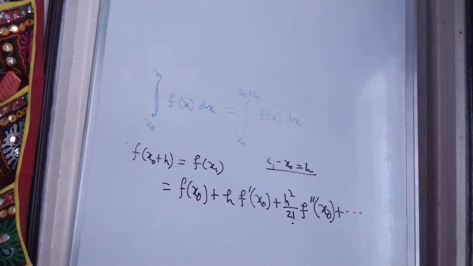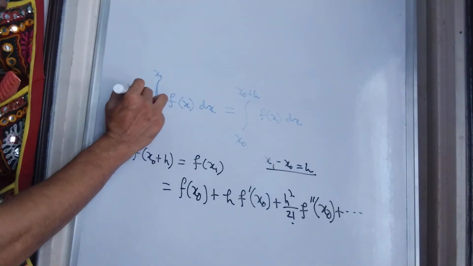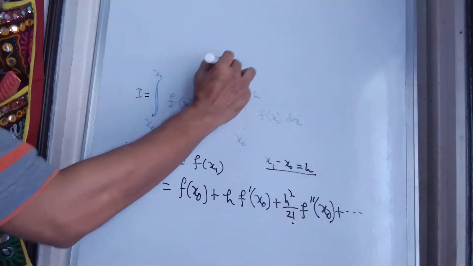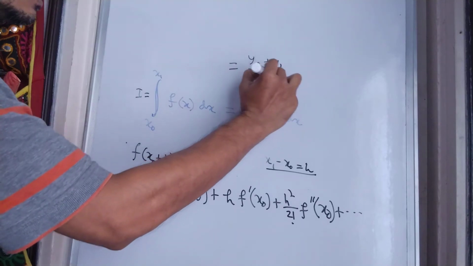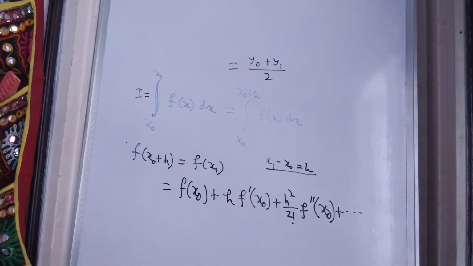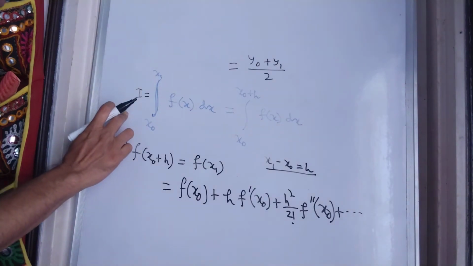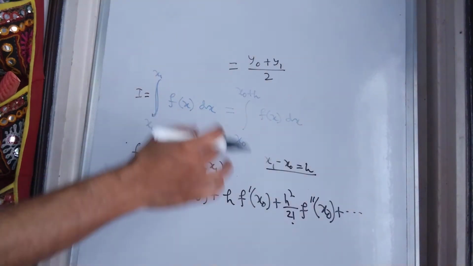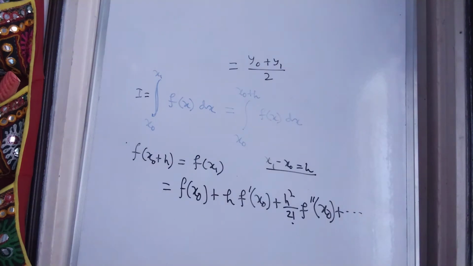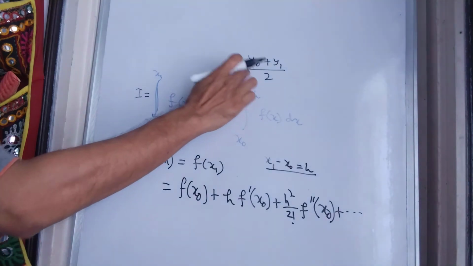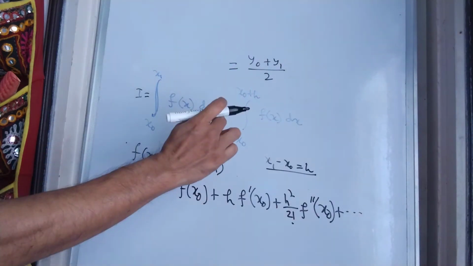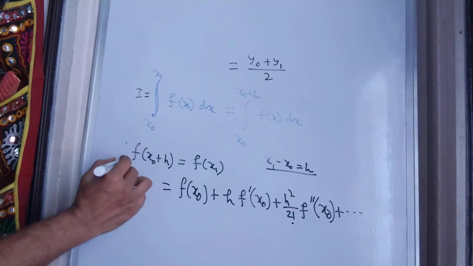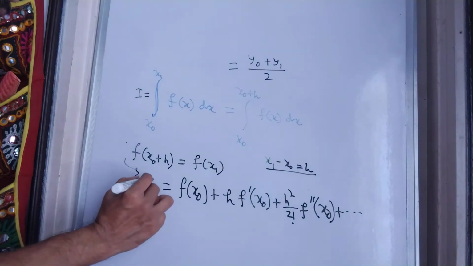And then, as we know that the value of this integral according to trapezoidal rule is nothing but this, isn't it so? From trapezoidal rule we know, by putting n equal to 2 in the quadrature formula, that this becomes y0 plus y1 by 2. And what is y1? Actually this is nothing but y1.